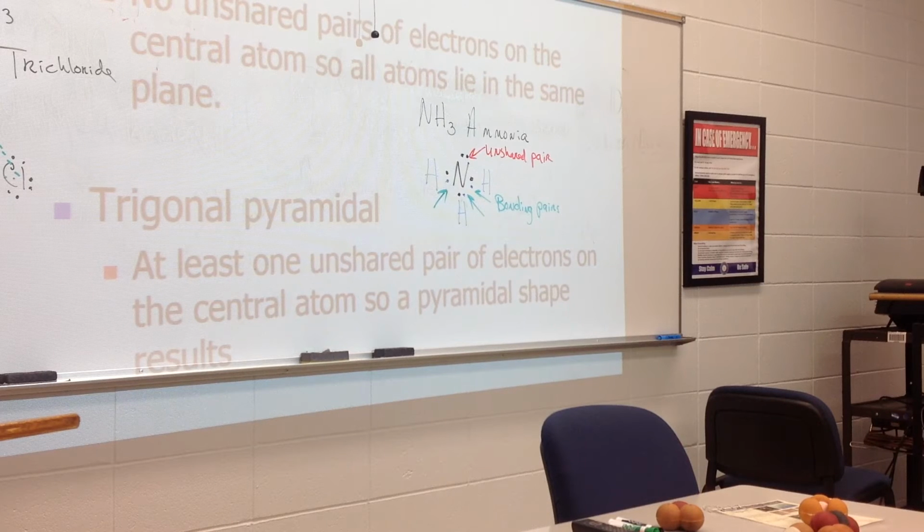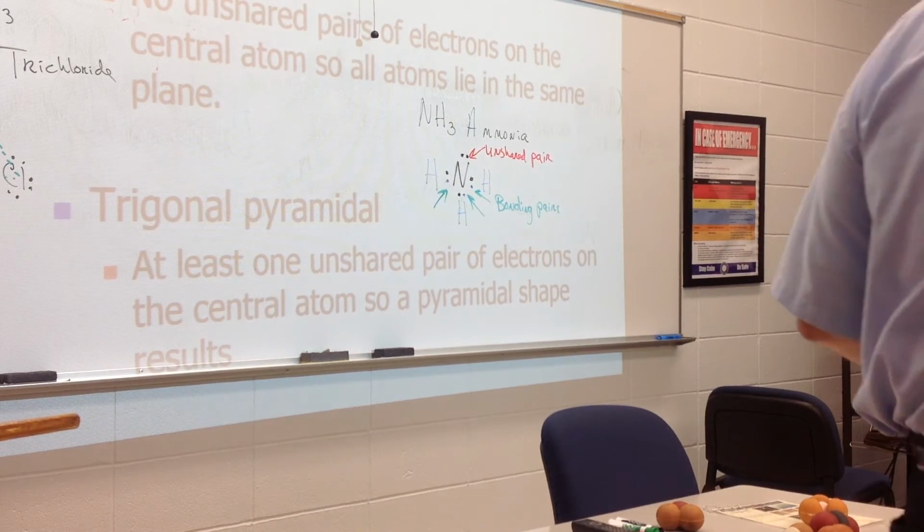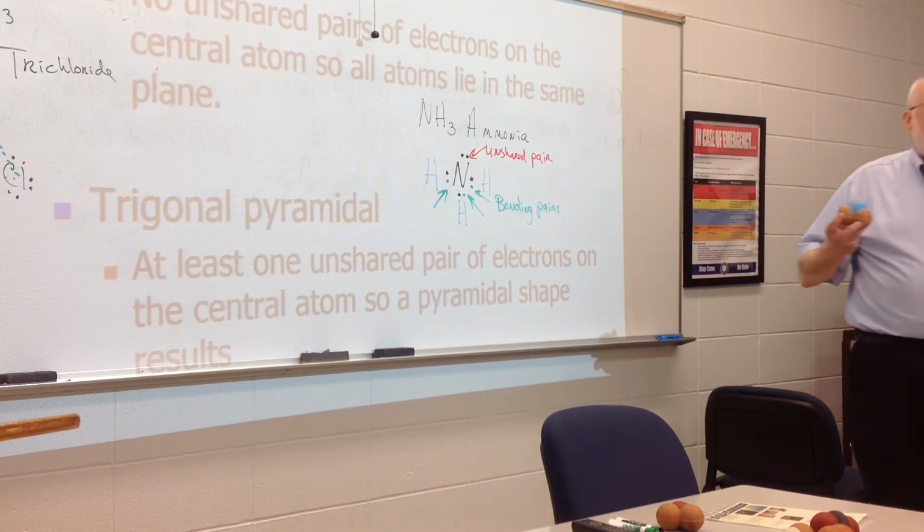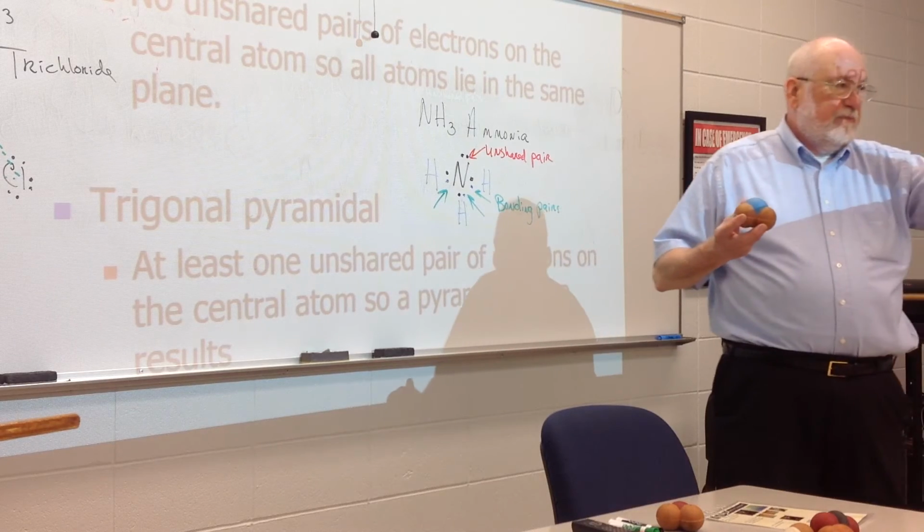All right, so once again, what's the difference between this and this? How do we get from one to the other? Why is this one all in the same plane and this one isn't? This is only shared pairs of electrons on the central atom, no unshared pairs.